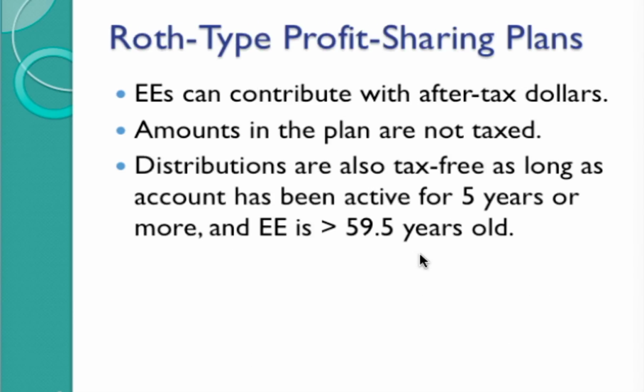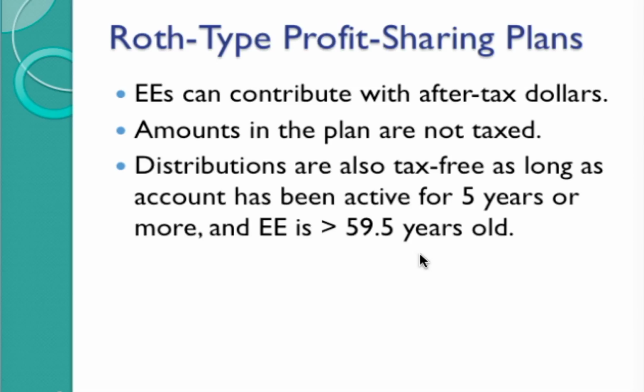Then we have these Roth-type profit-sharing plans, and these just basically take on Roth-type characteristics, which basically means contributions are with after-tax dollars, but withdrawals and the buildup of money within the plan are tax-free.